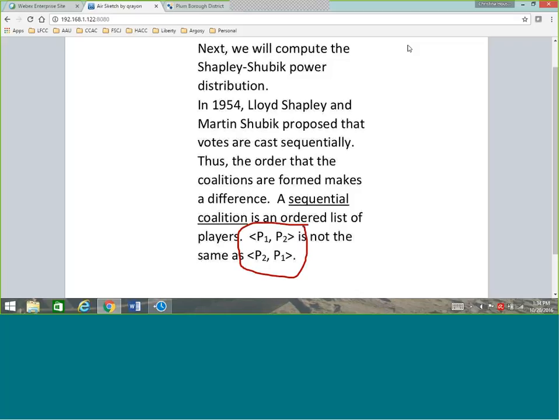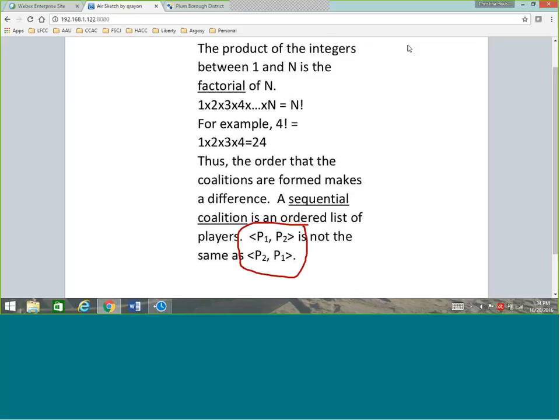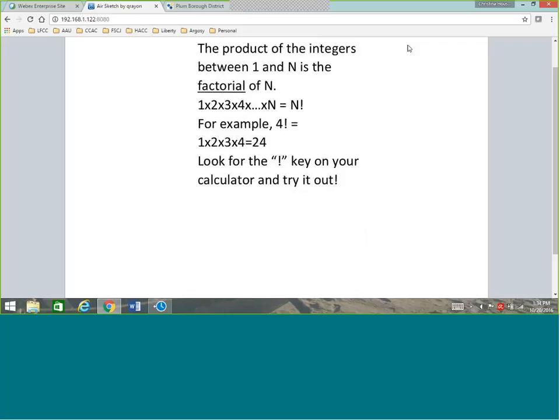For the coalitions that we did with the Banzhaf power distribution, there were curly braces for listing the winning coalitions. Here, we're using these other types of symbols around the list to indicate there is something different about it, that the order does matter.